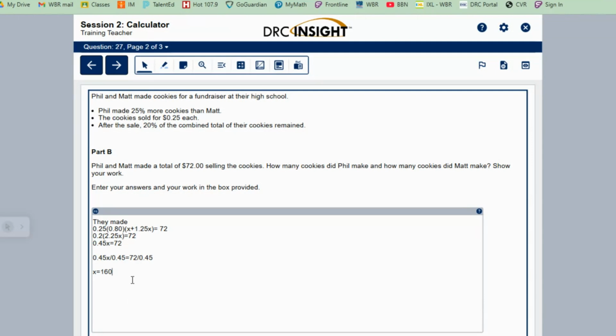I have to go back and think about what x is representing. x is representing the amount Matt made. So that tells me Matt made 160 cookies, and Phil made 1.25, or 125%, of Matt's cookies, which was 160.